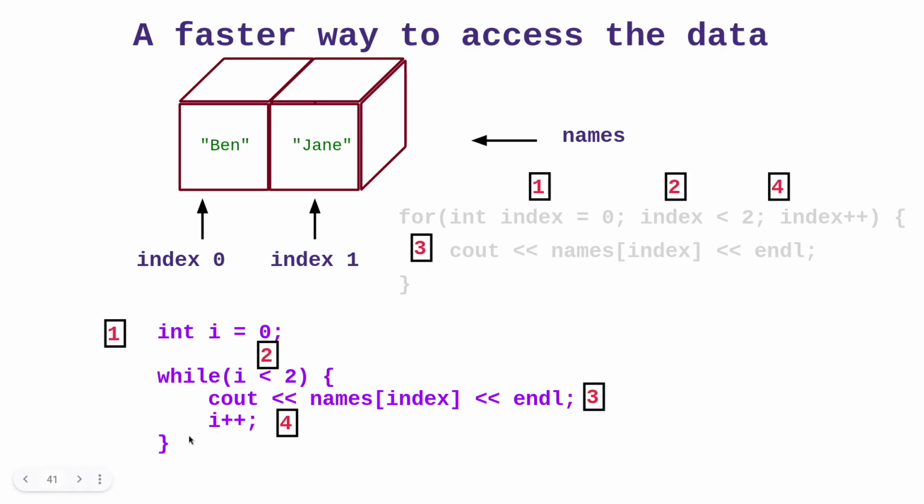And then of course we'll go back directly to the test, step 2. And we'll ask the question, is 1 less than 2? Which of course is true. And then we would print out Jane. And then we would add 1 to i, making it 2. And so when we do the final test here, 2 less than 2, which happens to be false, then we skip the body. Okay, we skip everything and we're done.